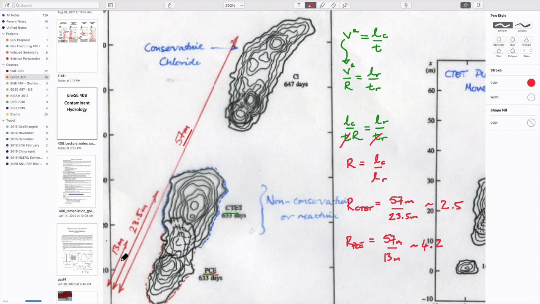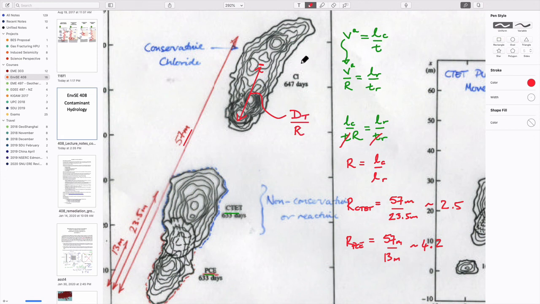And the same thing that we talked about last time was that you could use the magnitude of this length, the half length of the plume, to calculate the dispersion coefficient. I won't repeat that, but you can do that. So in other words, this will now represent Dt over retardation, because we said it's modulated by that.